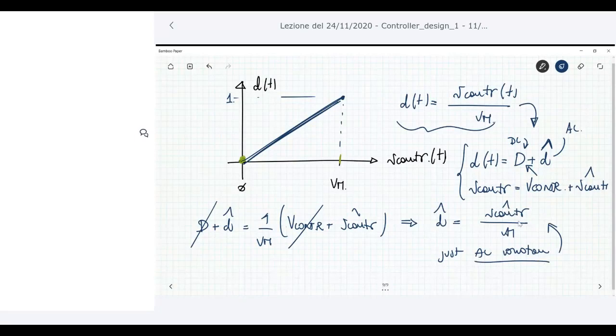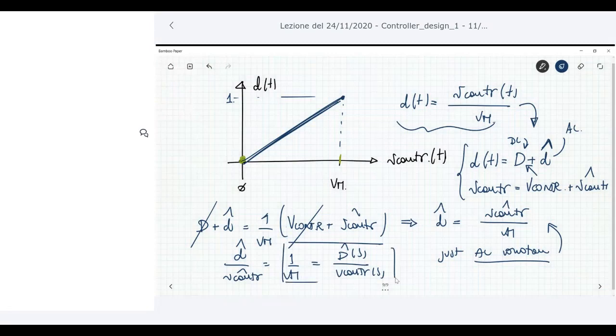This is a linear quantity that can be expressed in the Laplace form. And the Laplace form means that the variation of the duty cycle in terms of the variation of the control is 1 over Vm. So this is also d hat(s) over V control hat(s).